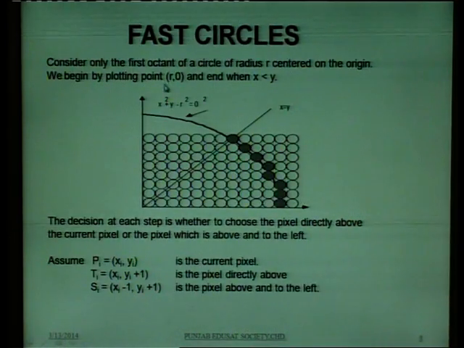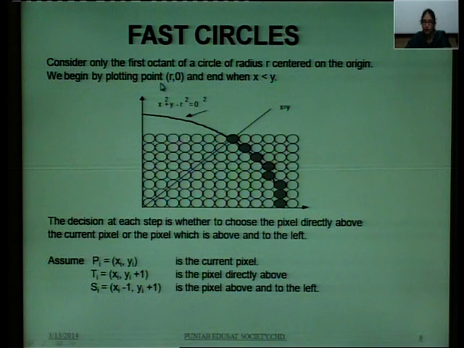Then there comes the fast circles. What are the fast circles? In which we consider the first octant of the circle of radius r, which is centered at the origin, that is 0 0. This is the center, this is the origin of the circle, this is the radius r of the circle, and we begin by plotting the point r, 0 and end when x is less than or equal to y.